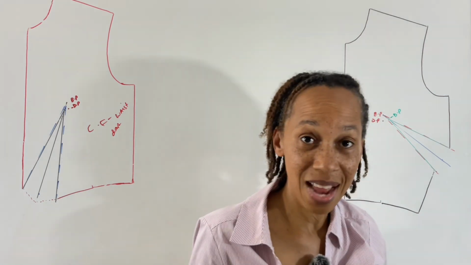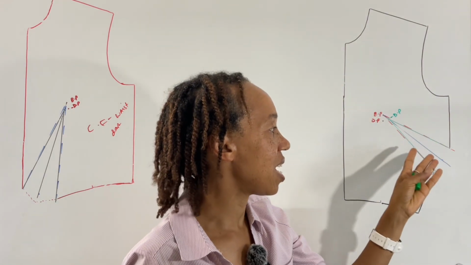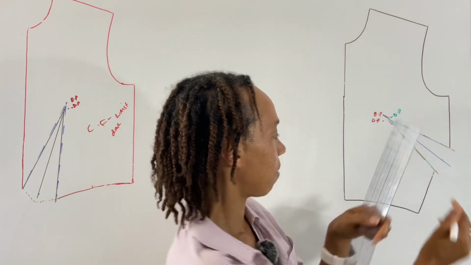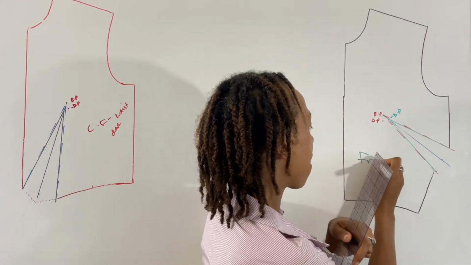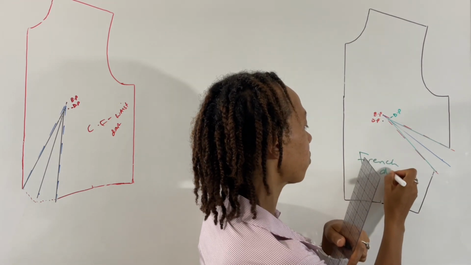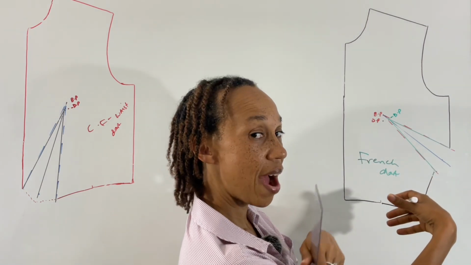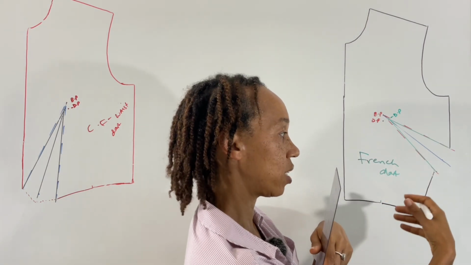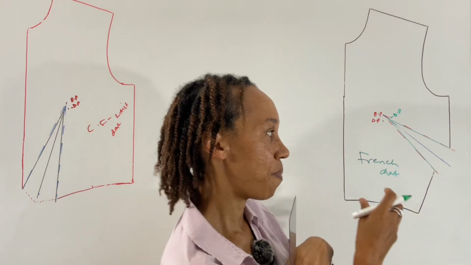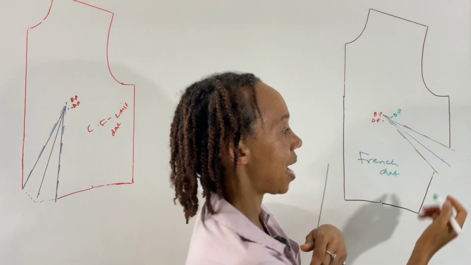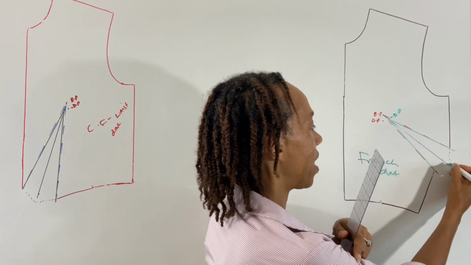And now once again, because this is your French dart, and I'm going to write the word here, French dart, fullness is going to come down to the waist. All right, so you have to iron it with fullness to the waist, or fold your paper where the fullness is coming to the waist, and you're going to reshape your side right here.